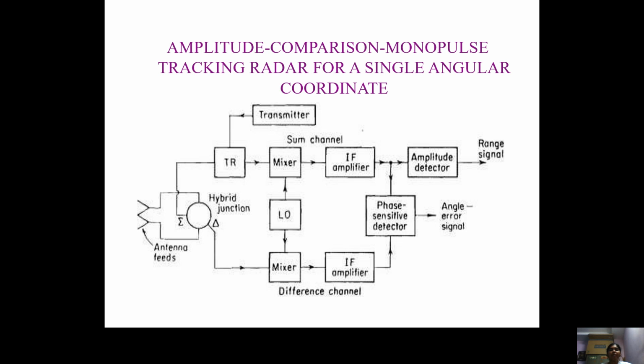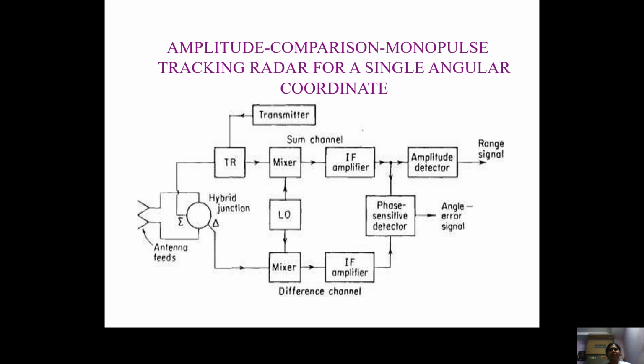This is the block diagram, which comprises a transmitter. At the transmitter section we have a channel which is used as a reference, and a duplexer is used normally to transmit and receive the signals at a time.